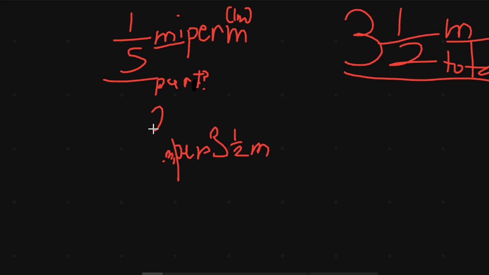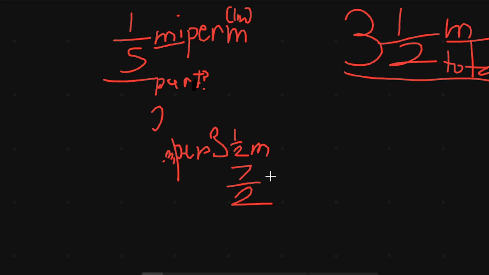So let's get to the actual stuff. Actually, no, it's simple. It's fractions. The setting up part is the hardest part. The actual math here is just fraction multiplication. I'll do it anyway. So you convert 3.5 to an improper fraction. That's 7/2.